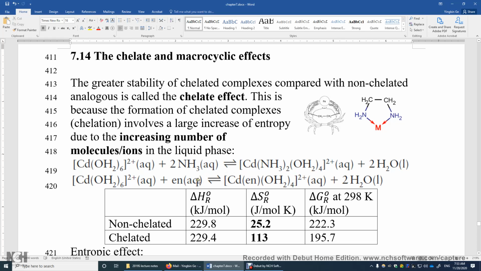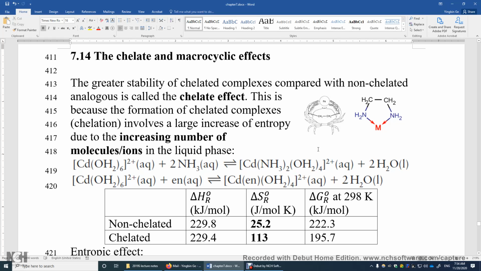So that means there's a more significant entropy increase in this reaction. Again, you just need to count the number of molecules or ions on the left-hand side and on the right-hand side. When a chelated complex is formed, you observe an increasing number of molecules or ions in the liquid phase. So now let's say we have just 1 EDTA ligand with 4- charge, it can form 6 bonds with a transition metal center.